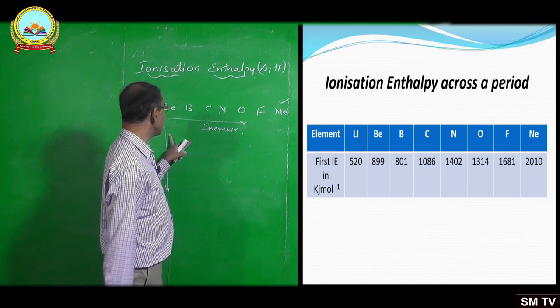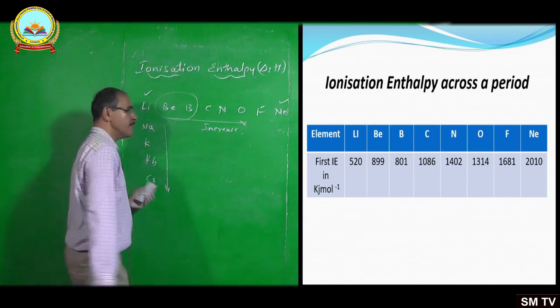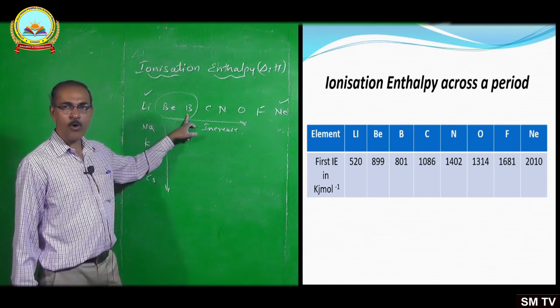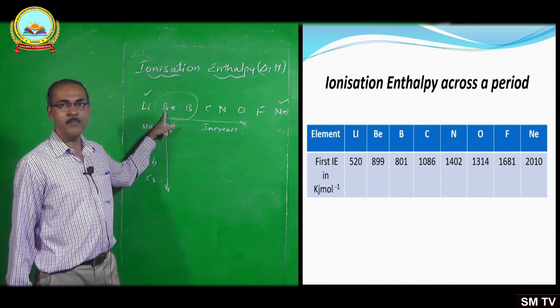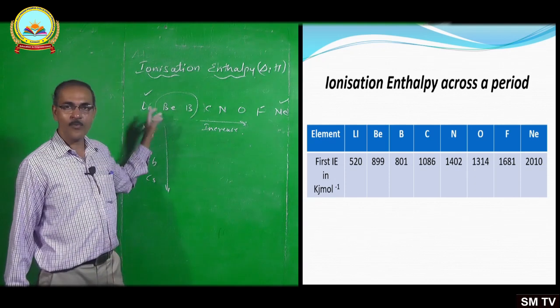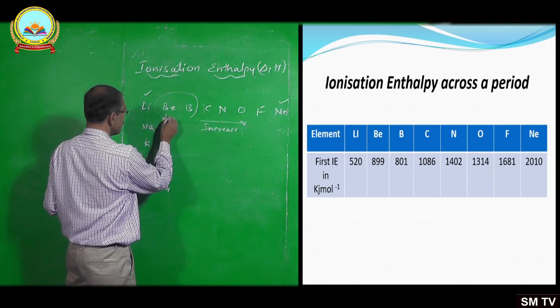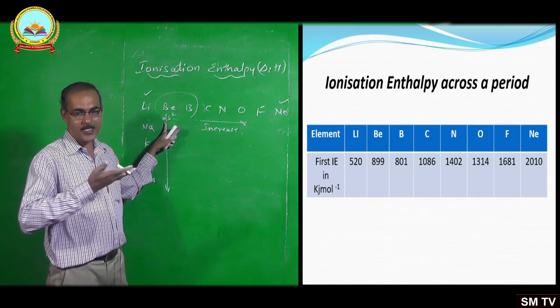You can see these values: ionization enthalpy of beryllium and boron. Ionization enthalpy of boron is less than beryllium. This is an abnormality. Why? See, beryllium has 2s2 configuration. The s orbital is completely filled.